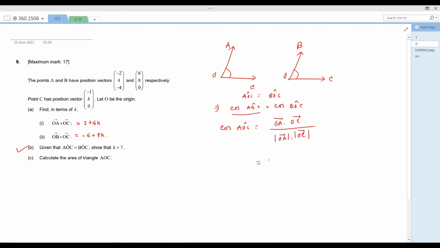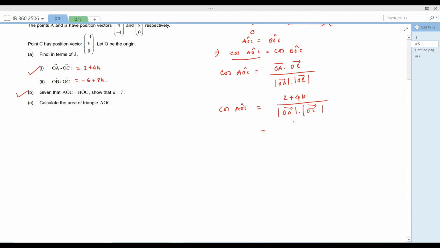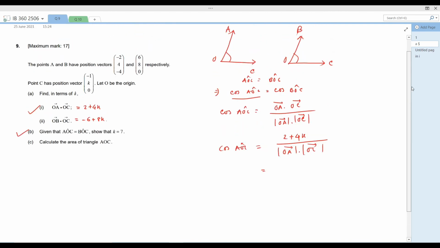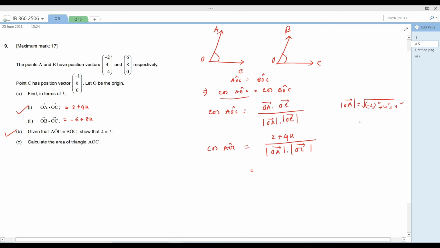We have OA dot OC as 2 plus 4k, divided by mod OA and mod OC. Do not compute anything for mod OC, we will cancel it out. Now mod of OA is the magnitude, which is root over (-2) squared plus 4 squared plus 4 squared, which is 4 plus 32, root over 36, equals 6. So cos AOC is 2 plus 4k divided by 6 mod OC.